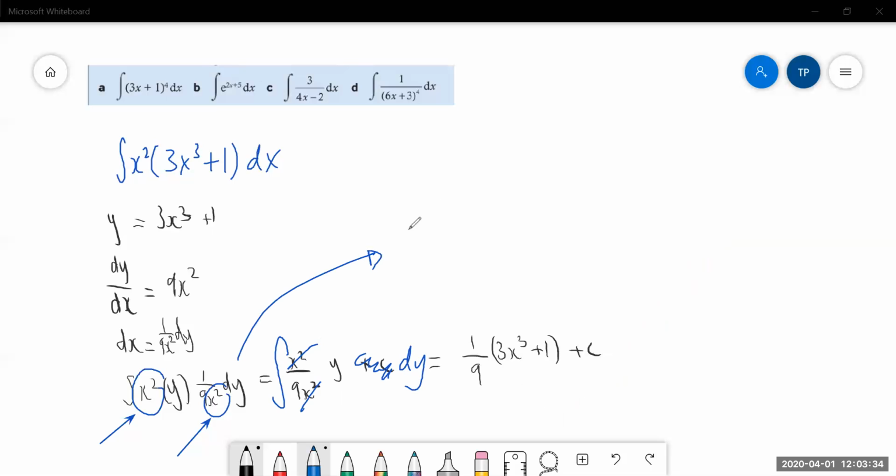After you cancel out the x squares, what you will be left with is 1 over 9y, right? Yes, that's what I got, 1/9. Then you have to factorize out 1 over 9, then you have to integrate.